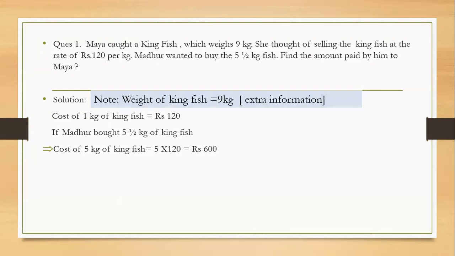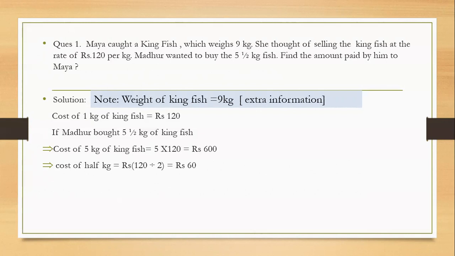Cost of 5 kg of kingfish is 5 times 120. When 1 kg is 120, then 5 kg will be 5 into 120, that is 600 rupees. Second step, we'll now take half kg. Cost of half kg of kingfish will be, since 120 is the cost of 1 kg, so for half kg we'll divide 120 by 2, which is 60 rupees.